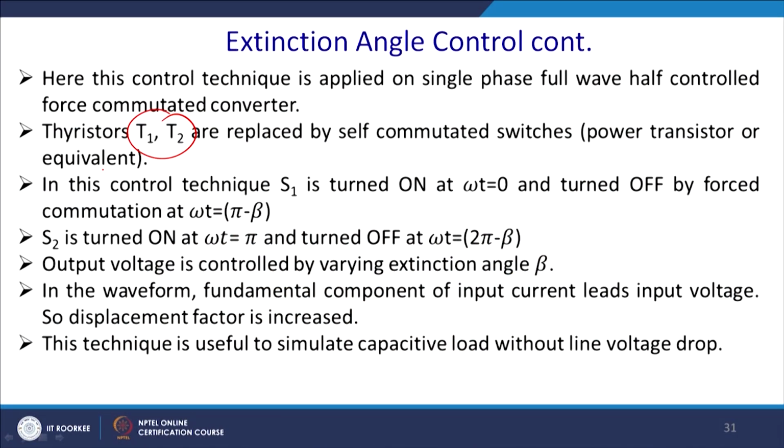The control switch S1 is turned on at omega t equal to 0 and turned off by force commutation when omega t equals pi minus beta. So, the turn on is at omega t equal to pi and turn off at 2 pi minus beta. Output voltage is controlled by varying the extinction angle.